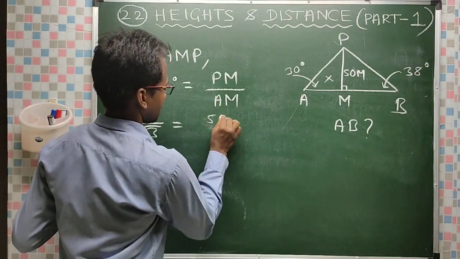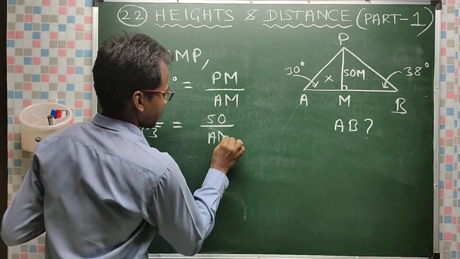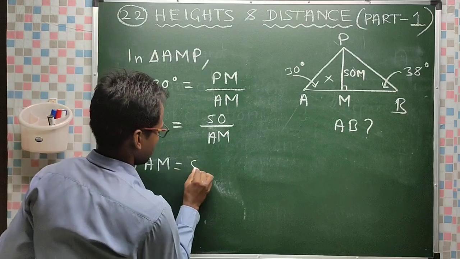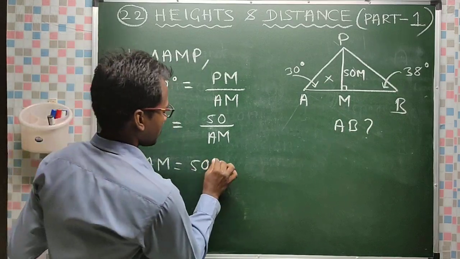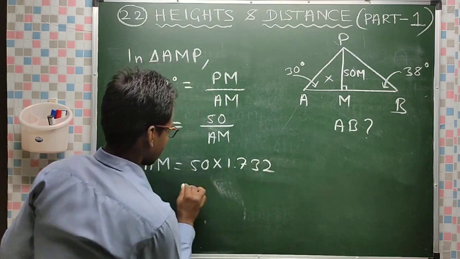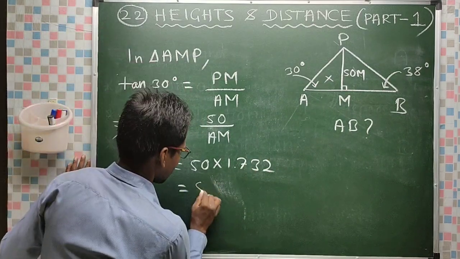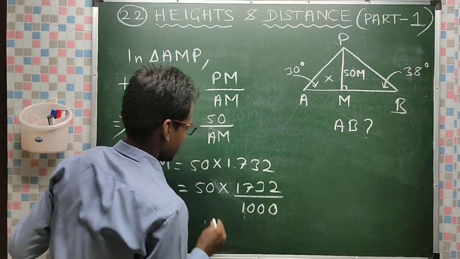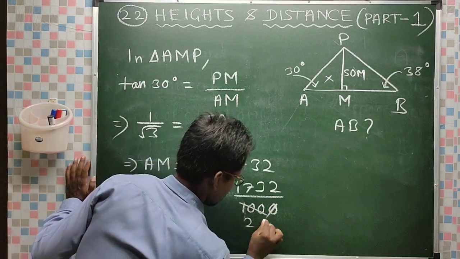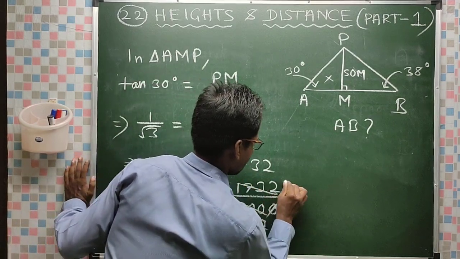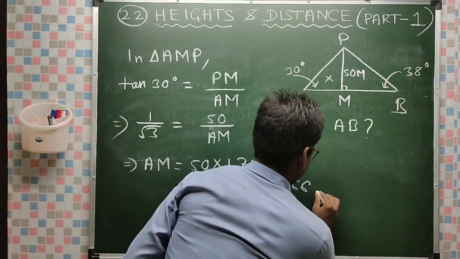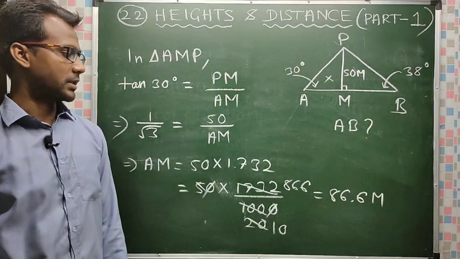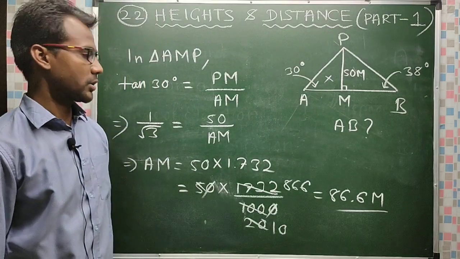What is PM? 50. AM we have to find. So AM is equal to, cross multiply, 50 into root 3. Root 3 means 1.732, which will give us... So AM is equal to 86.6 meters.